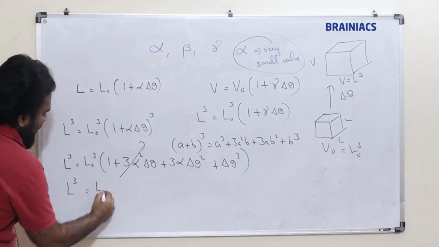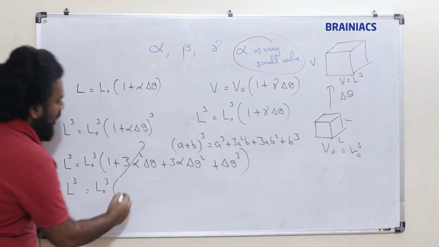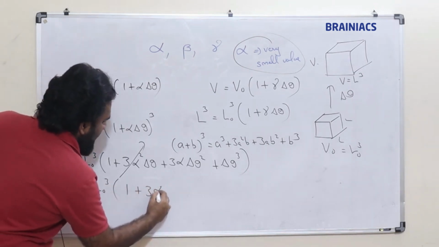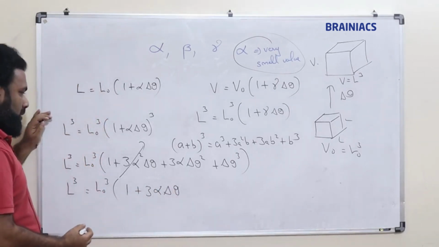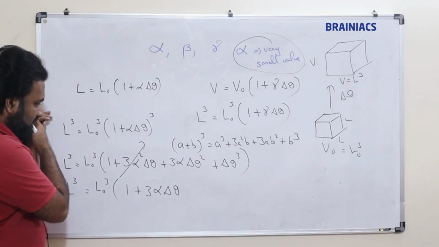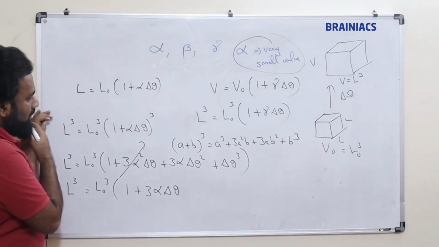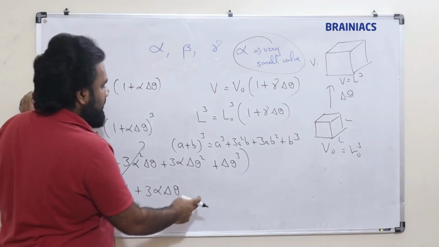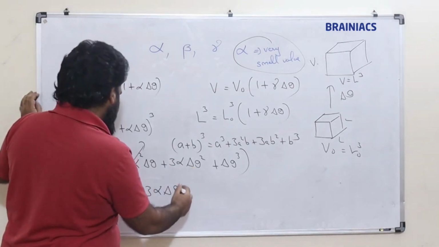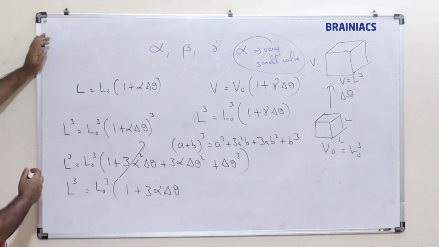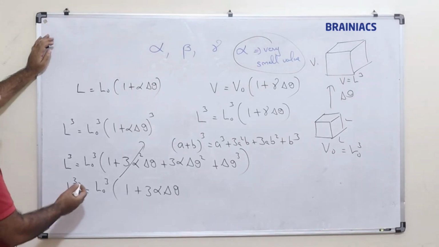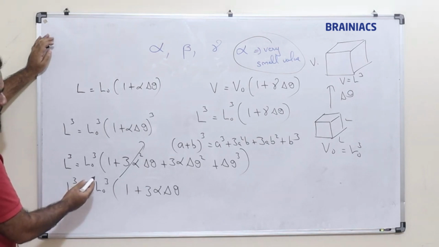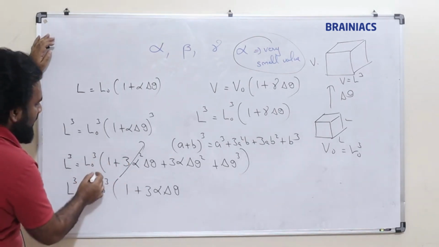Now L naught cube into 1 plus 3 alpha delta theta. Okay, I made a mistake here.